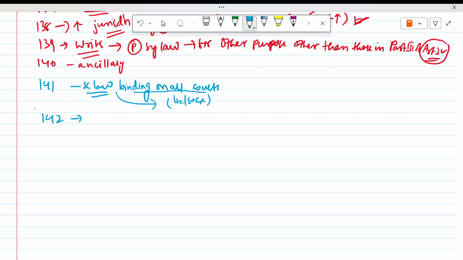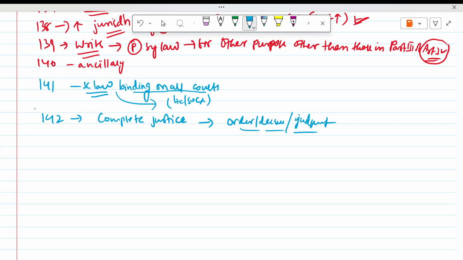Then 142, to do complete justice. For 142, you remember two words, complete justice. To do complete justice, the Supreme Court can issue any order, any decree, any judgment. Whatever order it issues, it is a law, you can say. That is 142.